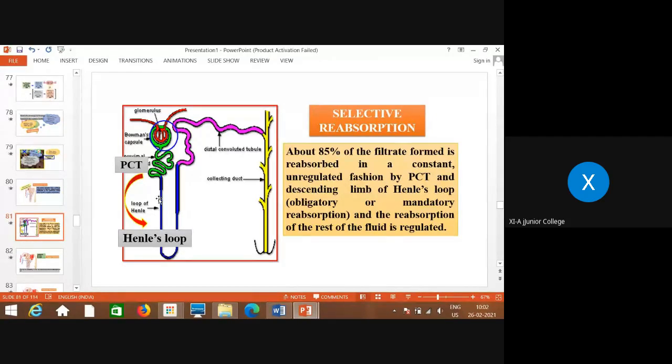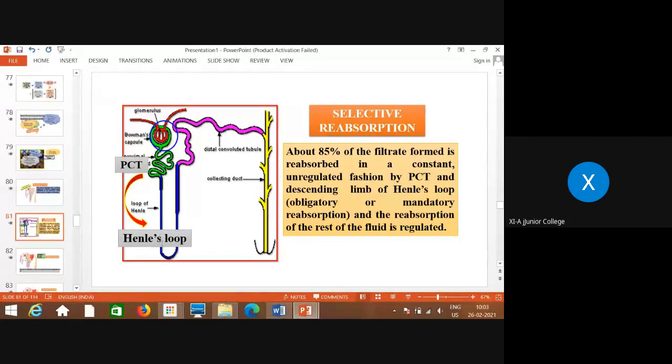Now when the descending limb of the loop of Henle is permeable to water, what happens then? Maximum water is reabsorbed by the cells of the inner lining walls of the descending limb. So the concentration of the filtrate is increased, and the primary urine, as we call it, becomes concentrated.